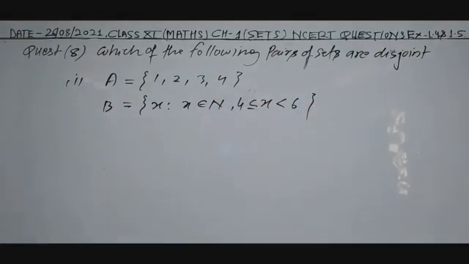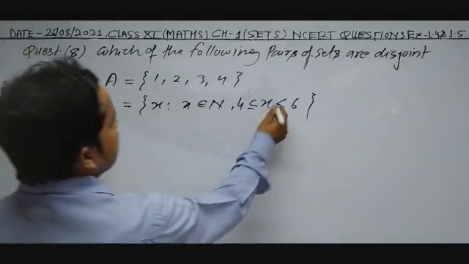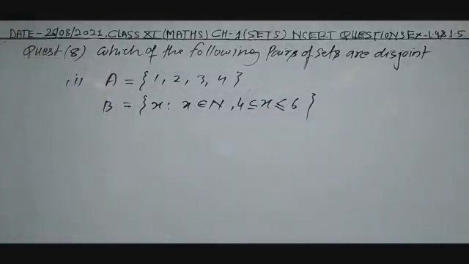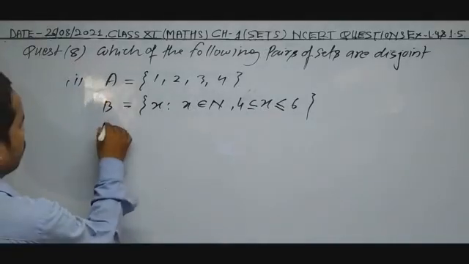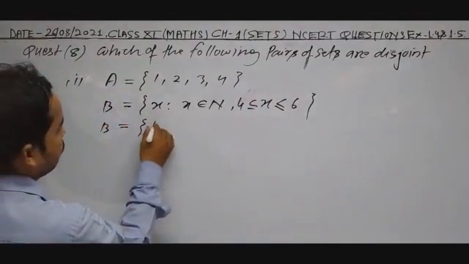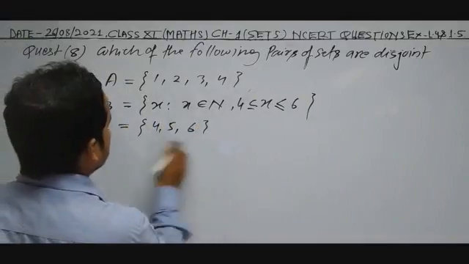Now you know disjoint sets. What is a disjoint set? Those sets whose intersection is phi are known as disjoint sets. Now in tabular form, what can we write? B is 4, 5 and 6.